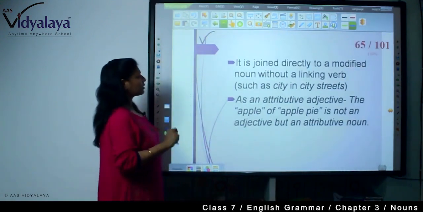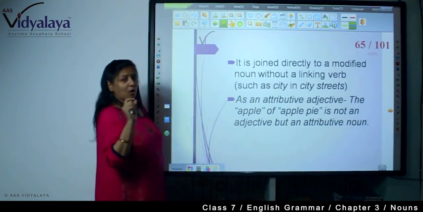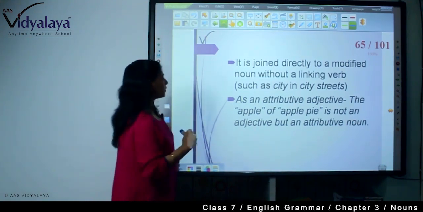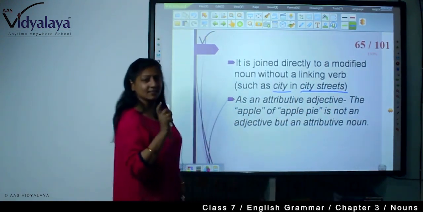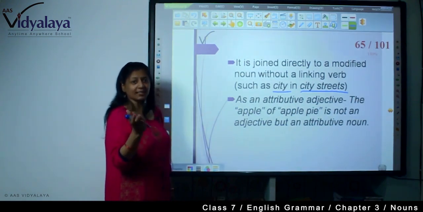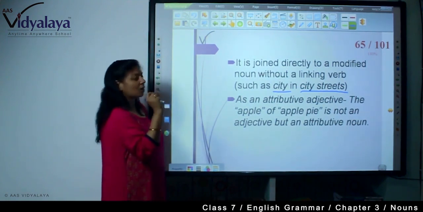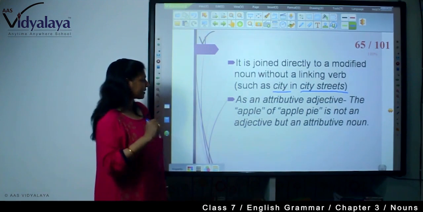It is joined directly to a modified noun without a linking verb. For example, all the noun adjuncts can be joined directly. For example, city in city streets, city lights, street lights. We don't need to write any conjunction or linking verb. So, street lights, city streets.